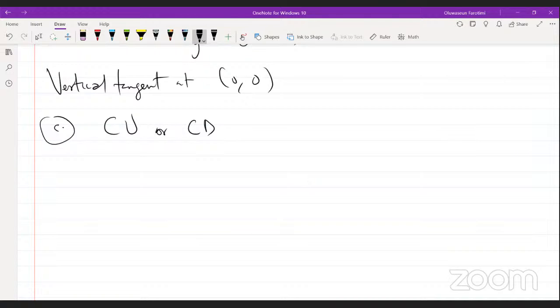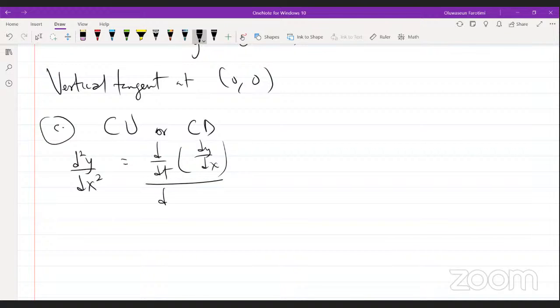So this is the second derivative, right? What's the formula? d/dt of dy/dx divided by... I mean, that's not correct. The one on the bottom doesn't have d/dt. That's just dx/dt. Cool. So differentiate with respect to t.